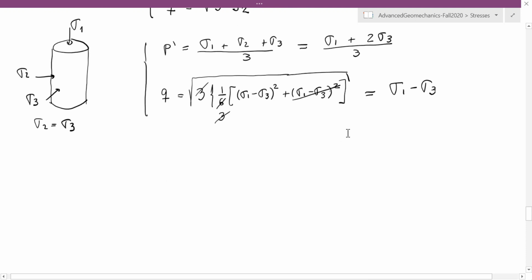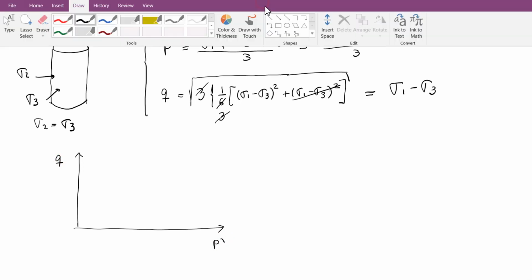Okay, similar to I1 and J2, these P and Q parameters are very useful because I can also draw this with P on the x-axis and Q on the y-axis.